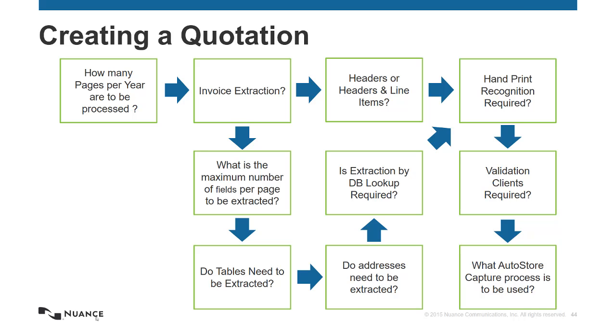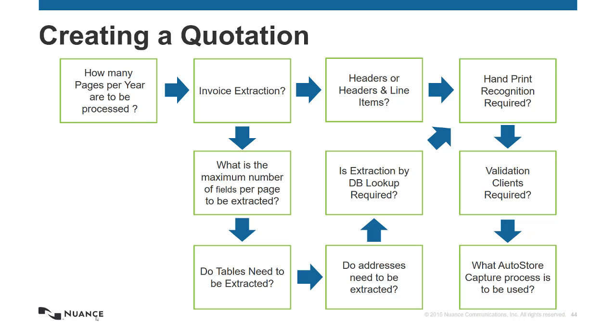Once we've made that decision, we only have 2 more questions to ask ourselves, and that is, do we want handprint recognition, and do we need validation clients? Once we've decided on those, that's the OpenForms elements licenses decided on, and we just need to decide on what the auto capture process will be and what licenses are required there.